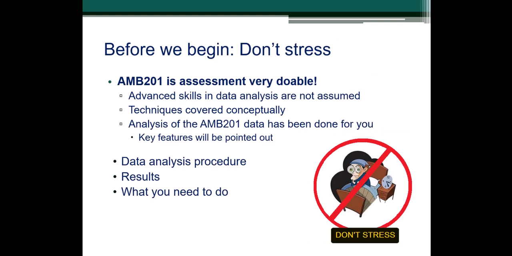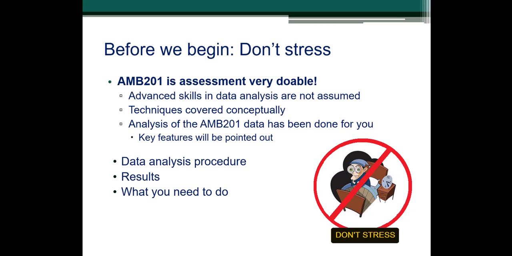So a couple of notes before we get started. One thing I'll say is that AMB 201 is not a data analysis subject, and we know that we've got a huge range of people in the unit, some who have data analysis experience, some that don't. So just a heads up, we don't assume that you have data analysis knowledge, and we don't expect you to learn in detail the data analysis techniques or the underlying ideas behind the techniques.